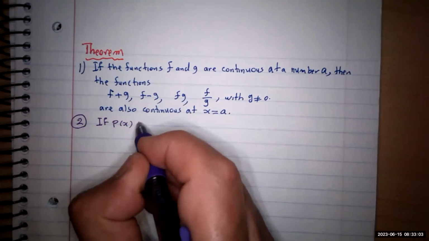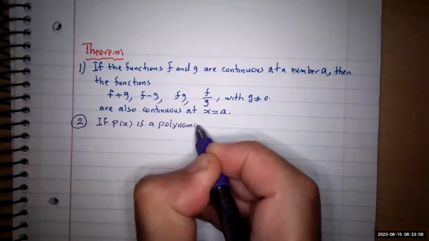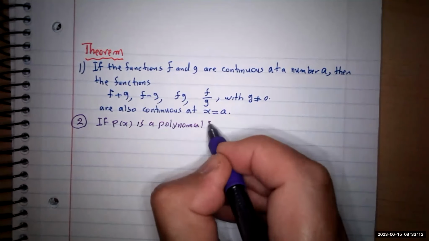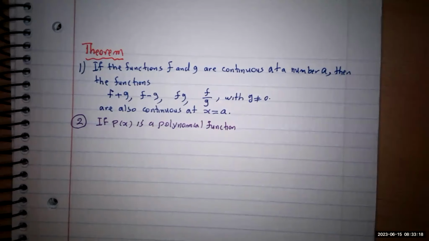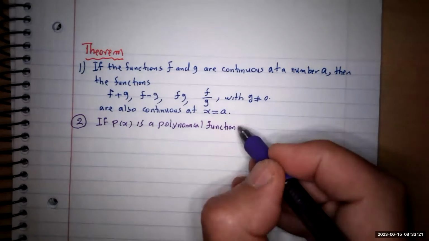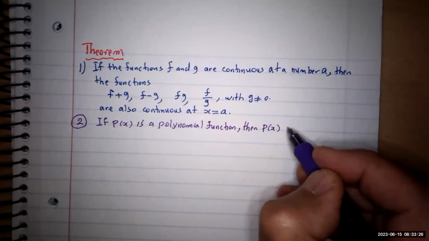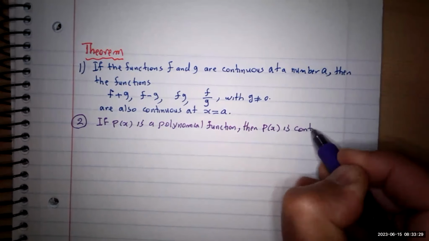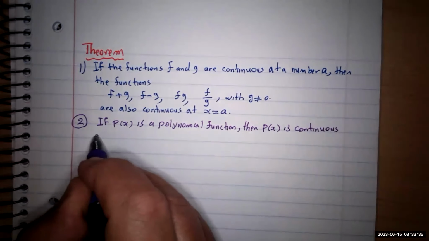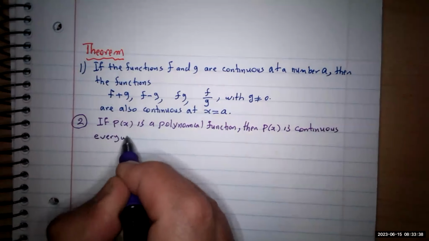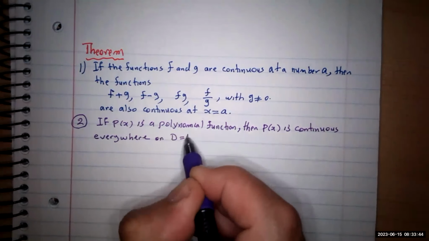If p of x is a polynomial function, then simply p of x is continuous. It's continuous everywhere. Everywhere means for all real numbers.